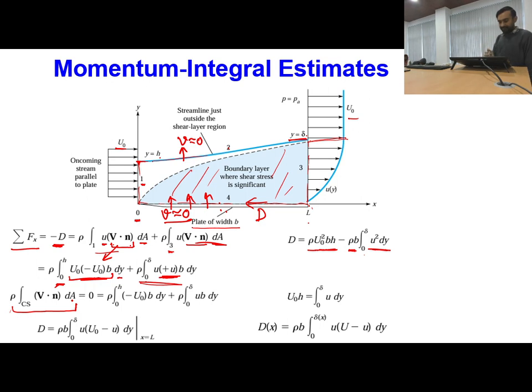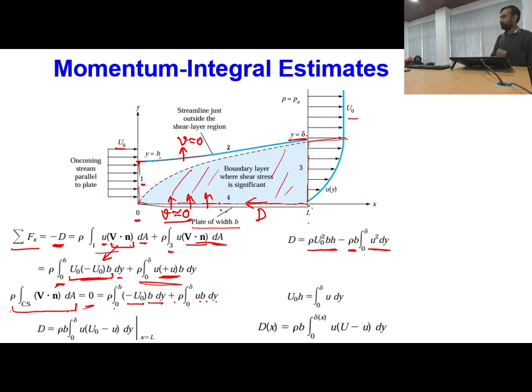At phase number 1, it will be rho times integral 0 to h minus u naught, because v dot n is negative, so minus u naught b dy, plus integral 0 to delta u b into dy. Up to this point, is it clear?